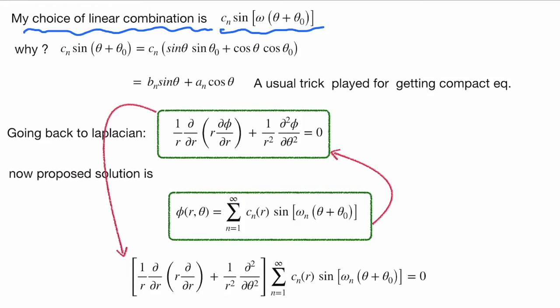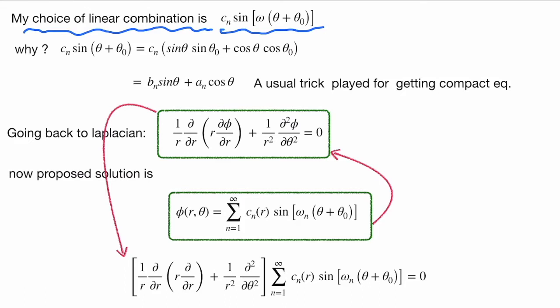Because sine is more familiar, and this constant phase, if we expand it, we get sine theta cos theta naught plus cos theta into sin theta naught. This is written as a linear combination of the solutions sine theta and cos theta. So this is general enough, while it gives a compact equation to look at.